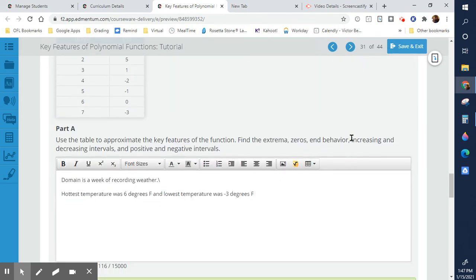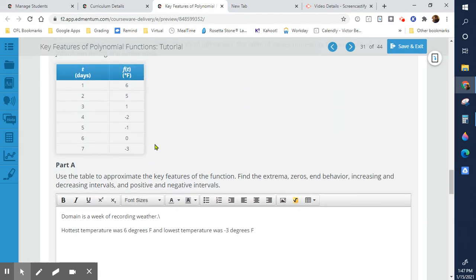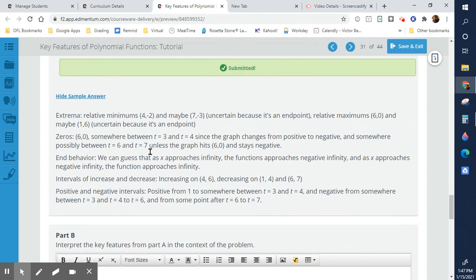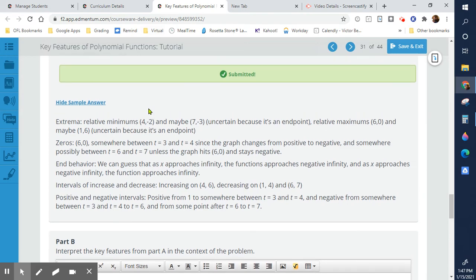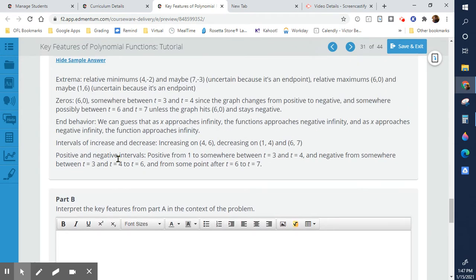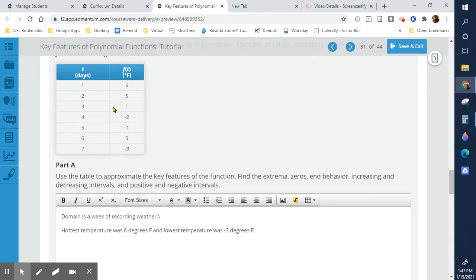I didn't realize they were talking about the increasing and decreasing. So when we're talking about end behaviors, my apologies, we see here that it's starting to decrease. So this is increasing the more we go left. And the more we go right, this is starting to decrease. We went from 0 to -3.